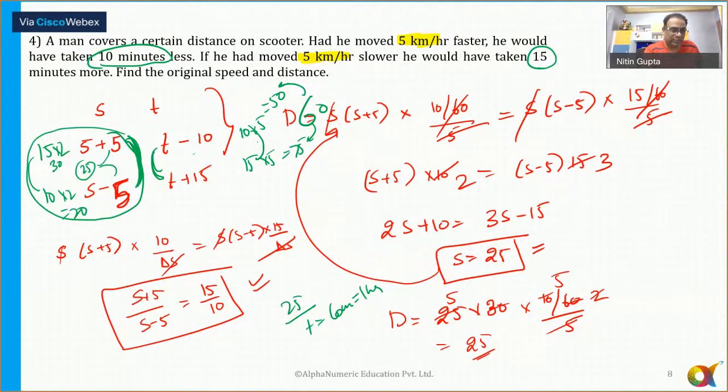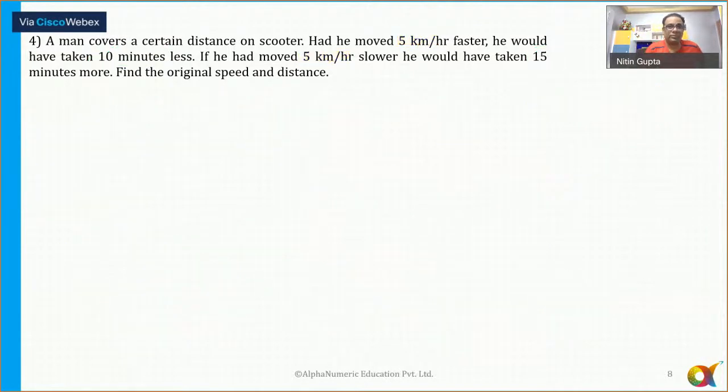I'm going to repeat, just pay attention. A very special case, if the change in speed is the same, like here. In one case, speed is s plus 5. In another case, speed is s minus 5. In one case, the time is t minus 10, and in another case, the time is t plus 15.